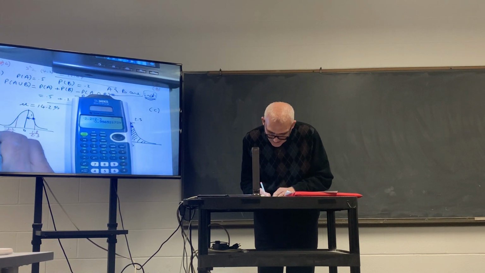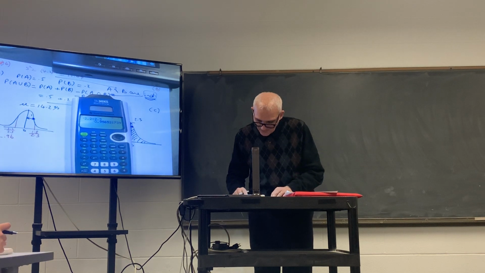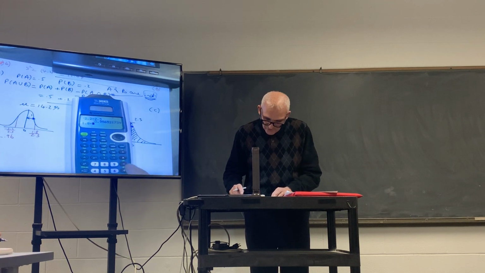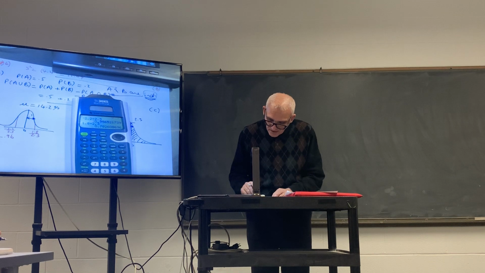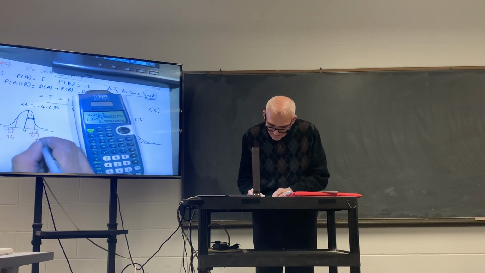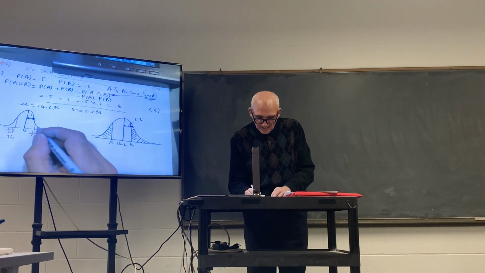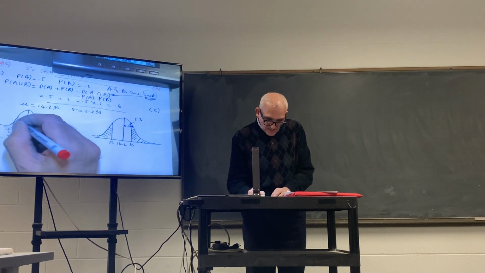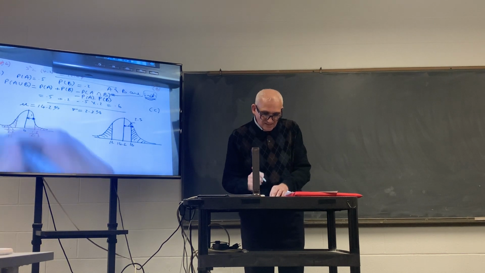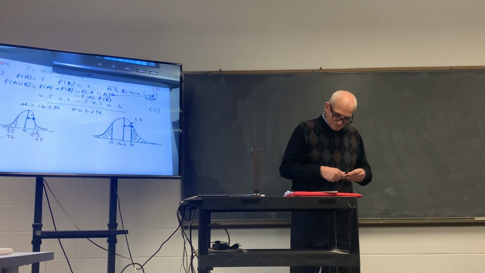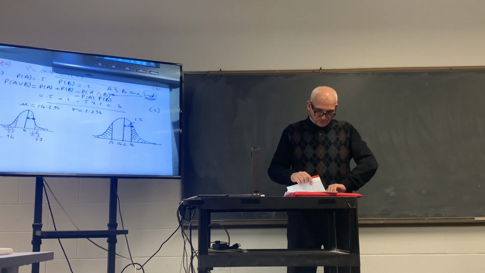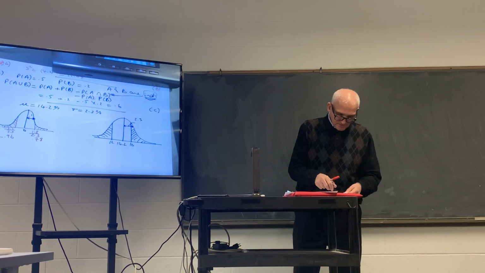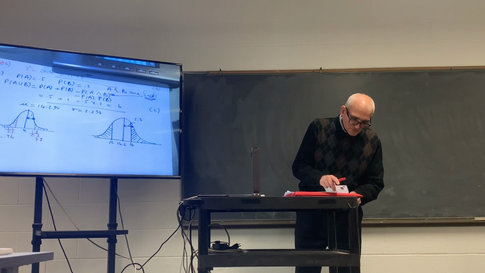I get negative 0.96, and 1.8 over 2.3 is 0.78. So I need the area to the right of 0.78 or to the left of negative 0.96. So now you can use the tables for the normal distribution.